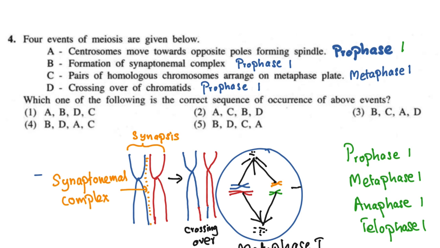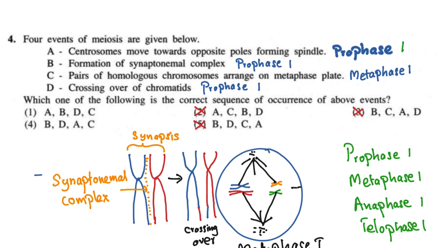So C should be the last one in the answer. So from that knowledge we can reject 3 of these answers. We can reject 2, 5 and 3 because C should be the last one.